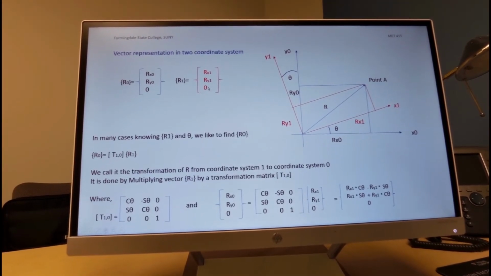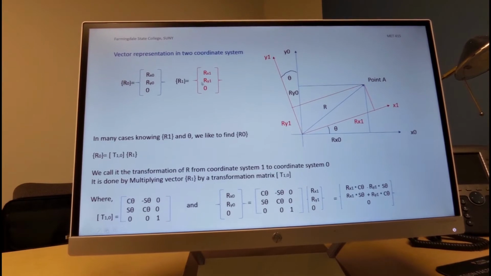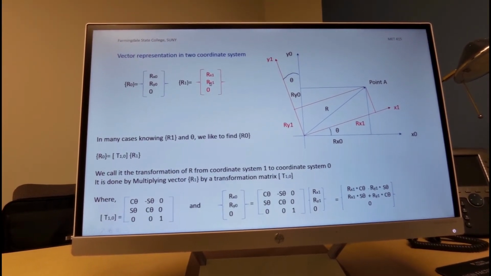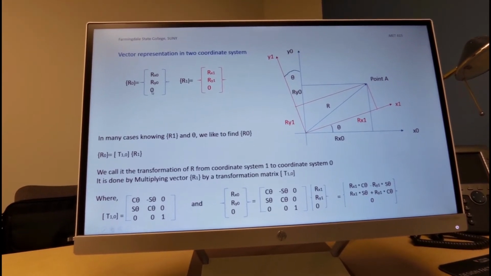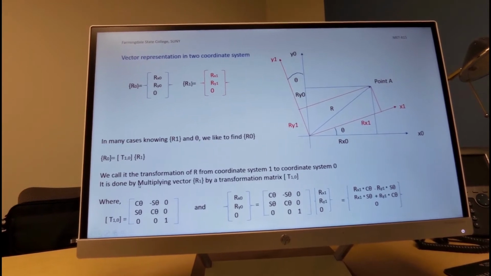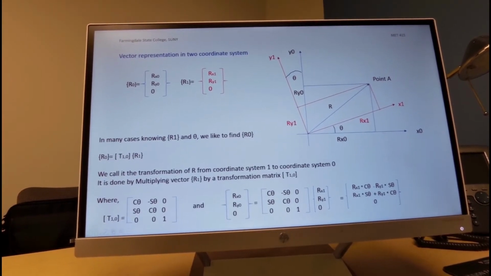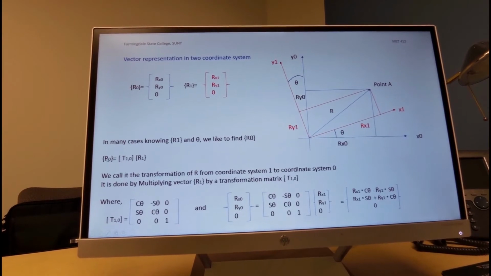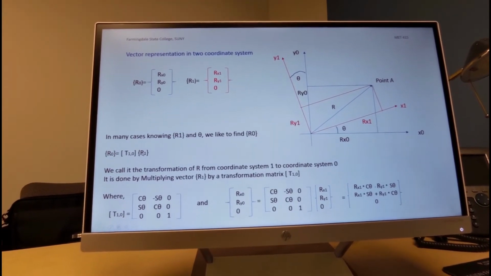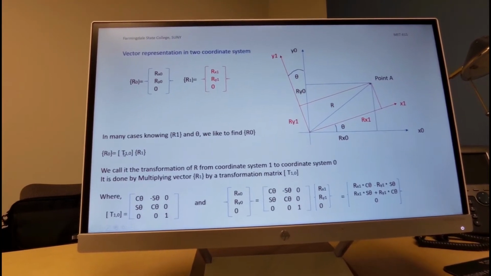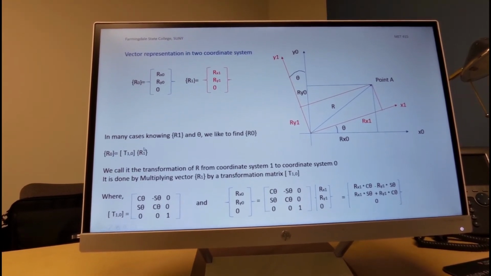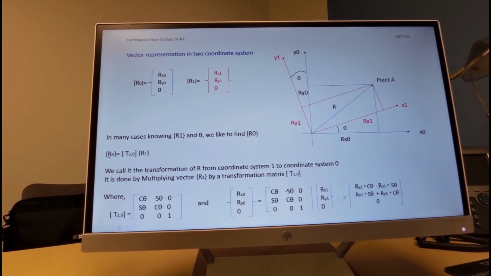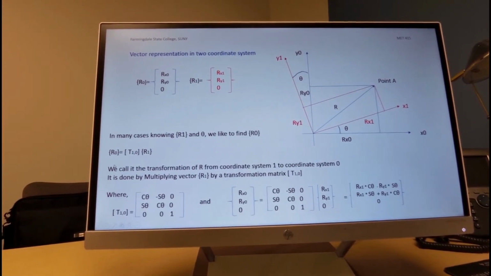And the question is, knowing r1 in the x1 coordinate system, what will be the components of r0 along the x0 and y0 coordinate system. So to do that, what we do is we take the r1 vector and multiply this by the transformation matrix from coordinate system 1 to coordinate system 0, and that multiplication gives us the coordinates of vector r along the 0 coordinate system.